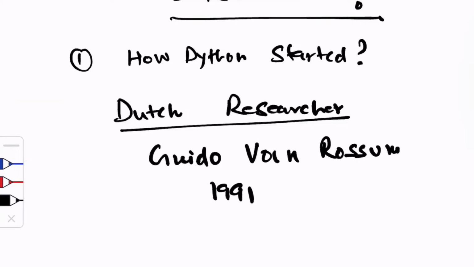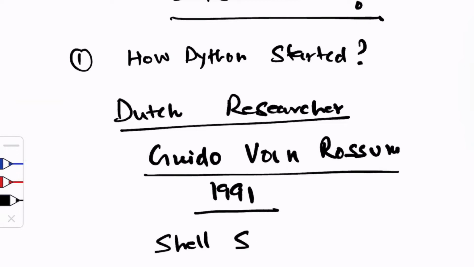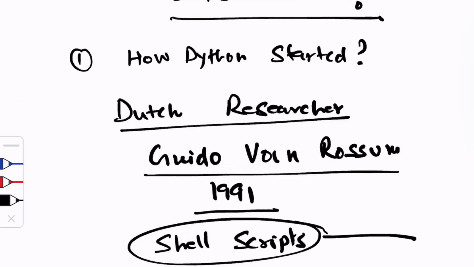Year was 1991, and he was working on some project and he thought that there should be something in between shell scripts on the one side and C on the other side.